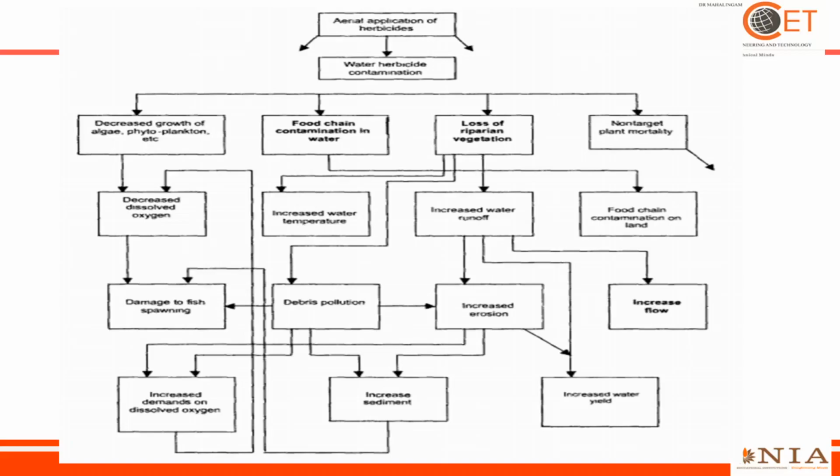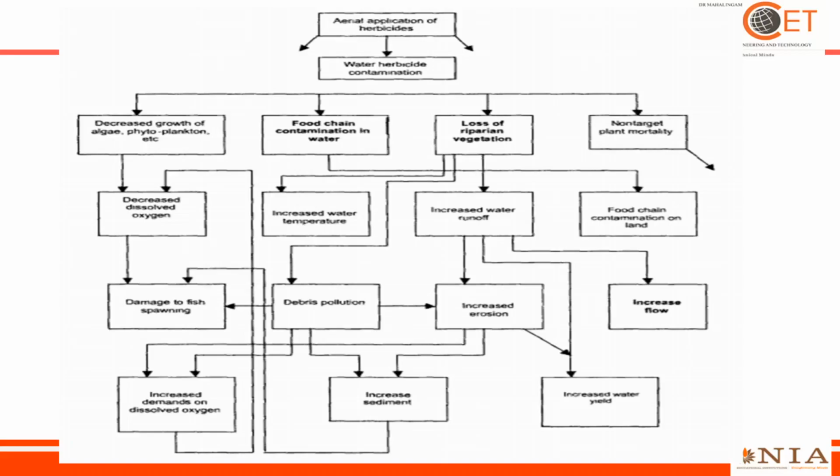Increased runoff leads to increased flow, and can also lead to increased water yield. A lot of water gets collected somewhere, but it is not really clean water because it has all these pesticides in it. Also, it can lead to increased erosion. Erosion means the topsoil gets washed away, right?